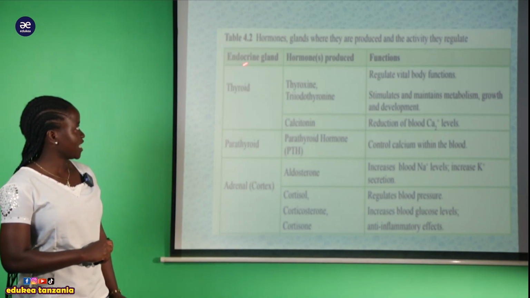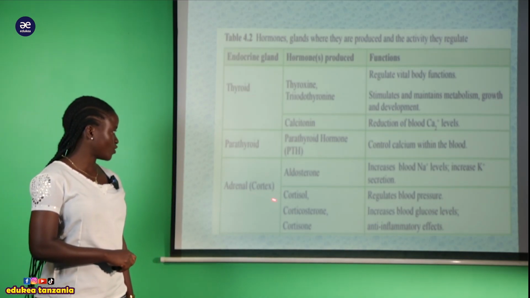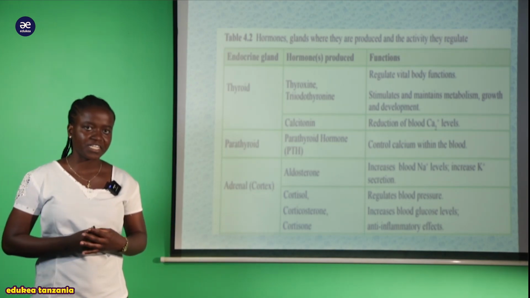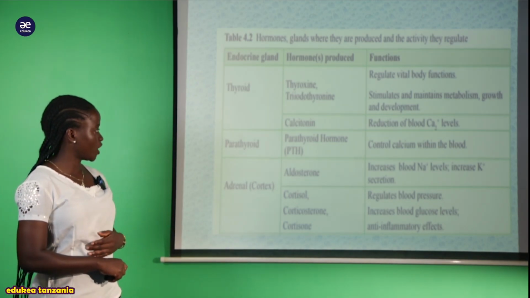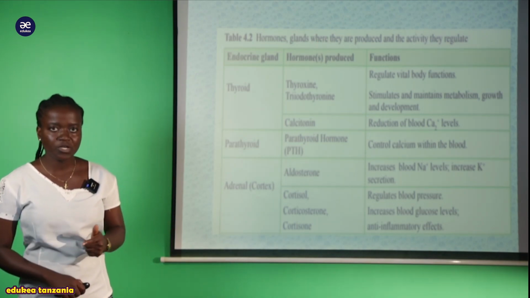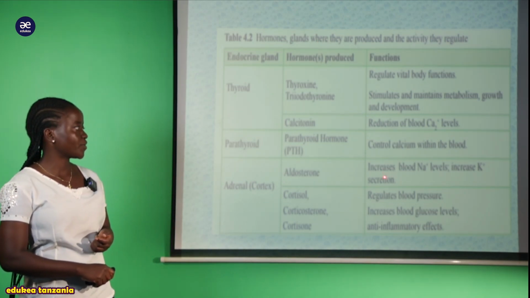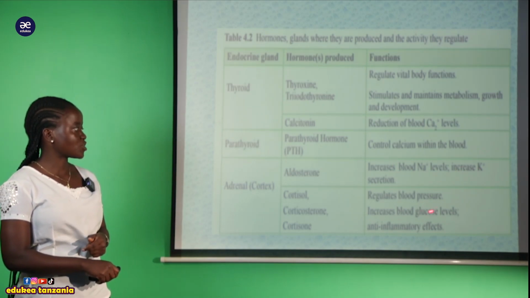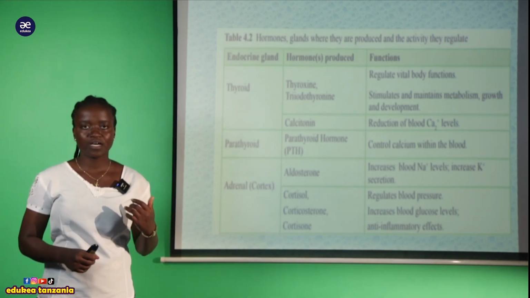And also we have another endocrine gland, called the adrenal cortex. This adrenal cortex is found on the upper part of the kidney. It produces aldosterone hormone, which is responsible for increasing blood sodium levels and increasing potassium secretion within the body.